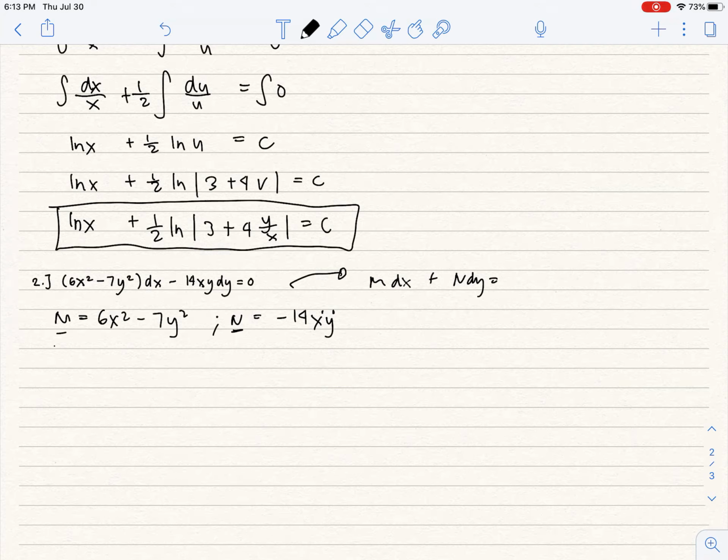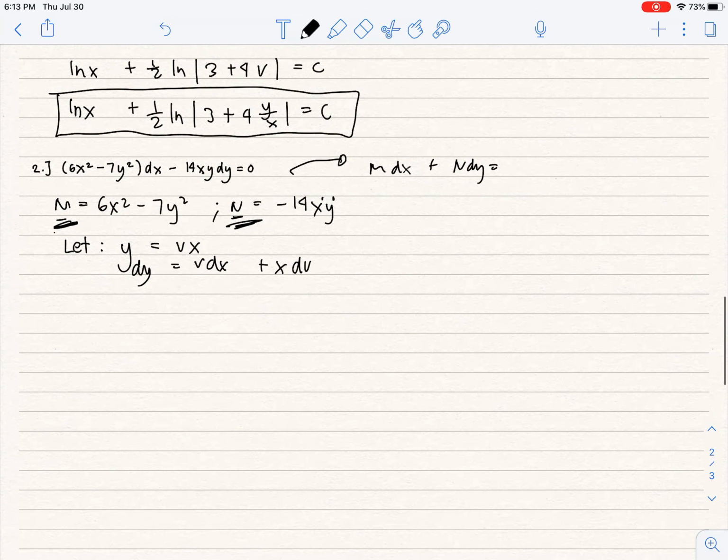Okay, so since this is a homogeneous DE, we're going to use the substitution. So in this case, di ba, n is simpler than m, so therefore we are going to let y equal to vx. Then dy is equals to v dx plus x dv. Okay? Then substitute y and dy to the differential equation.